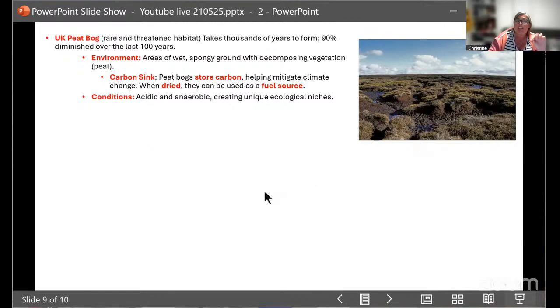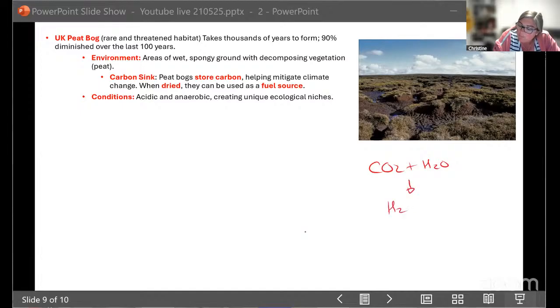Well, it's really acidic. Remember, and this is where you have to link it to, if you have carbon dioxide and water together, what will happen is they will form carbonic acid. That carbonic acid can then dissociate into hydrogen ions and hydrogen carbonate ions.